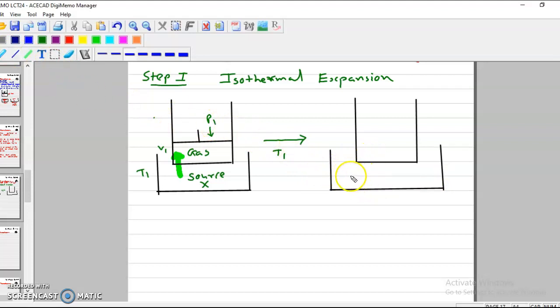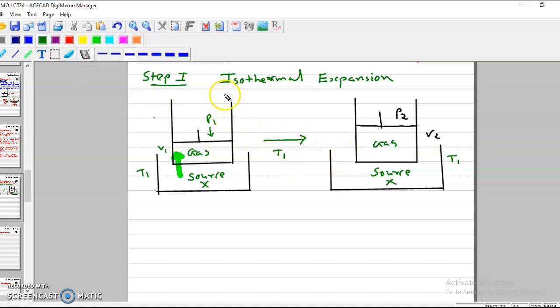So here this is the source X, temperature is T1. Now piston will move upward and will go to V2 and the volume of this system will be V2 and pressure is P2, and here this gas will be expanding at constant temperature.